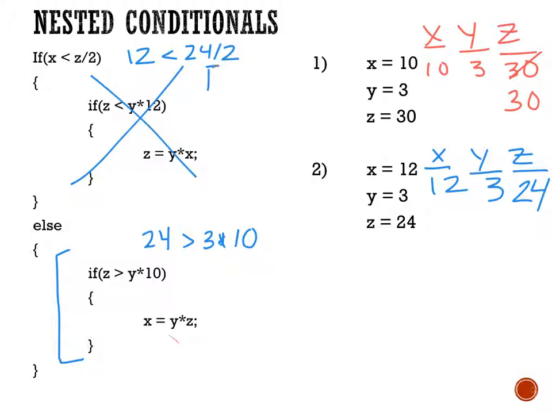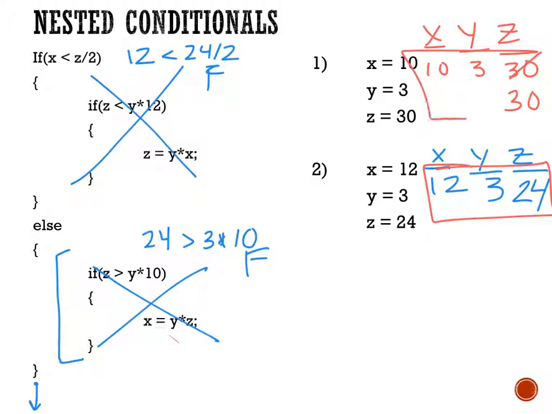Again, I see that I have another statement that is false, so I don't run this code either. I'm then at the end, and I would jump outside the conditional and then continue on. So at the end of the day, these three values are unchanged. Neither of those conditionals actually run, and as a result, my values remain unchanged. They both evaluated to be false.